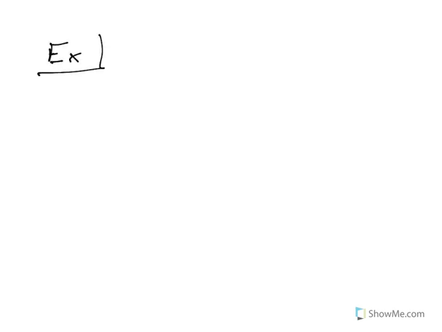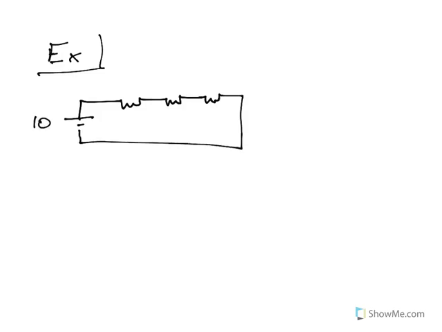And we'll do the example I just did, but with actual numbers. We have a battery connected with a number of resistors. Let's say the battery has 10 volts. This is 2 ohms, this is 5 ohms, and this is 3 ohms. And the question is, what is the voltage dropped by the 5 ohm resistor? Okay.